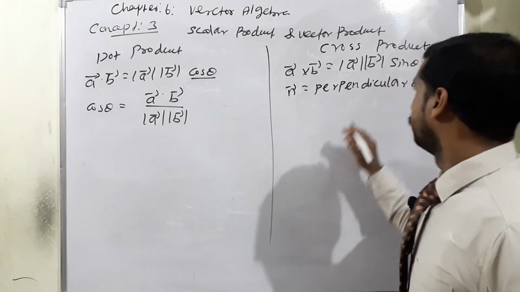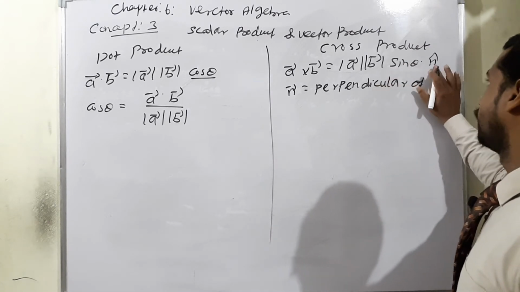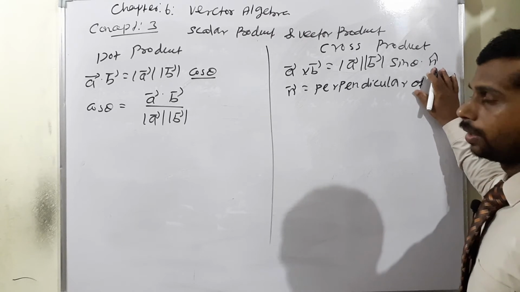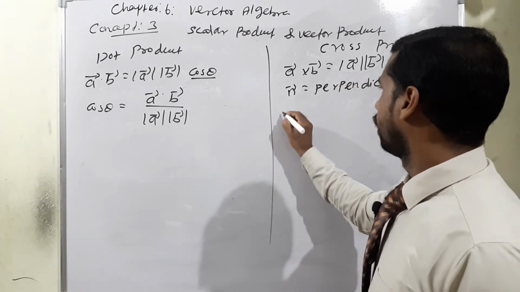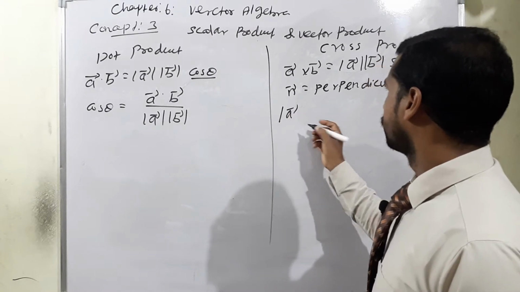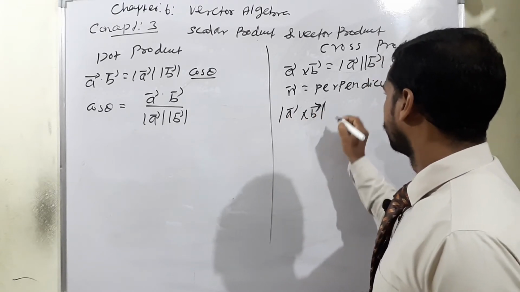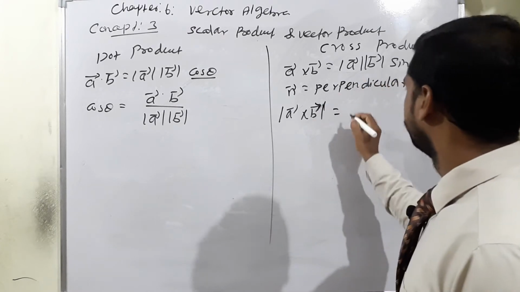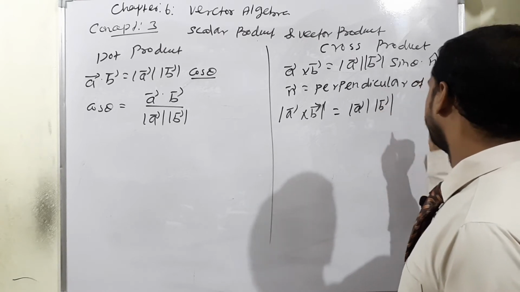But here, if we need to find sin theta, first we have to neglect n cap, the unit vector. How to remove that part? Take the modulus on both sides. Modulus of a vector cross b vector is equal to modulus of a vector into modulus of b vector.